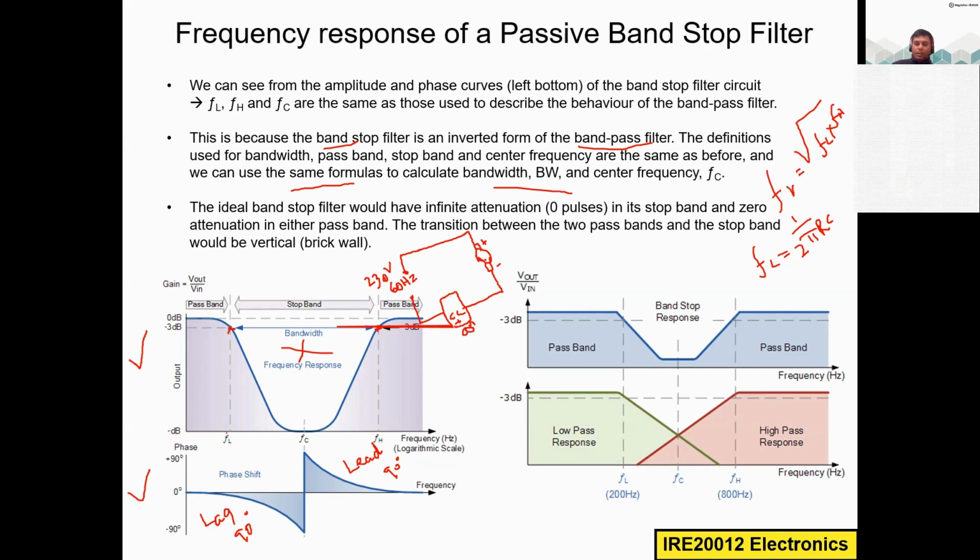Now this DC motor is running at 1000 RPM, rotations per minute.